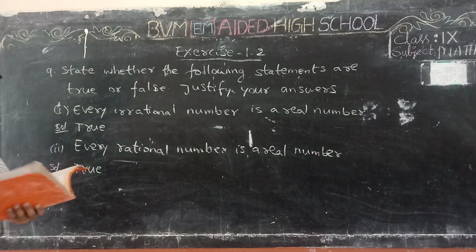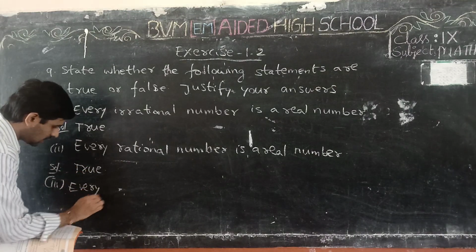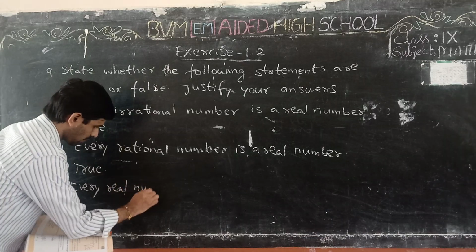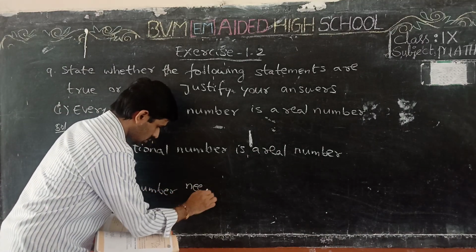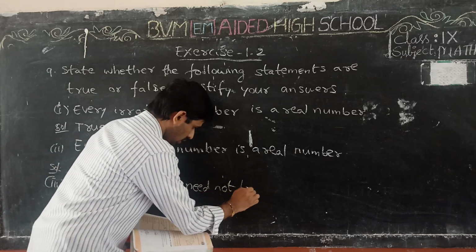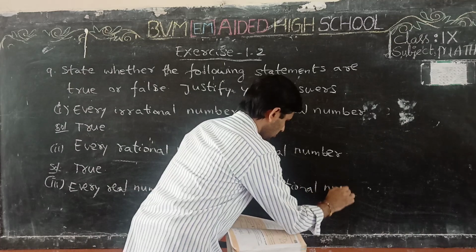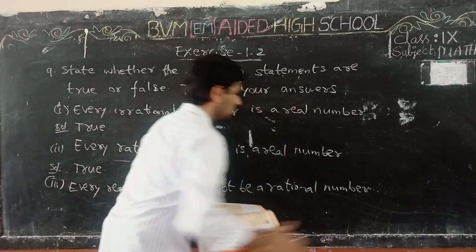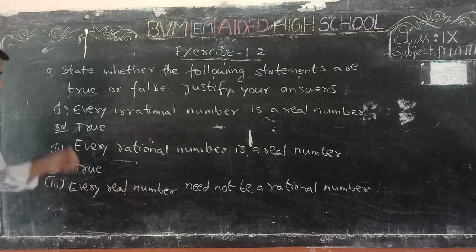So next, third one, every real number need not be a rational number. Is it true or false? Every real number need not be a rational number. What are real numbers?